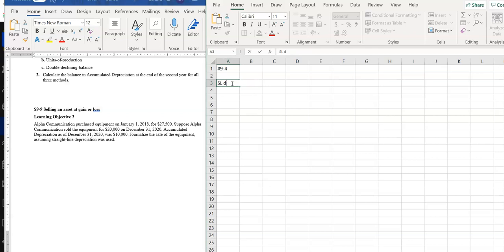Do y'all know how I know it was $5,000 a year? Accumulated depreciation equals 10,000 currently, and that is for 2018 and 2019.